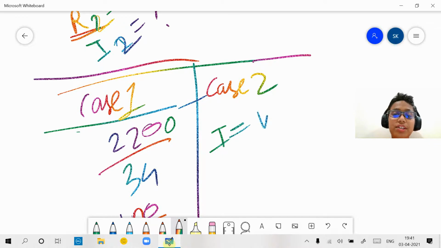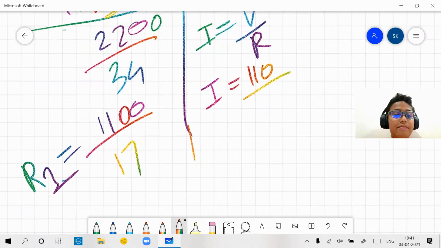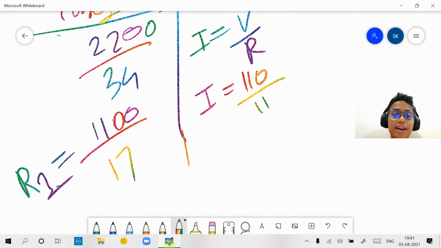So I equals V by R. I equals 110 by this big value, 1100 by 17.